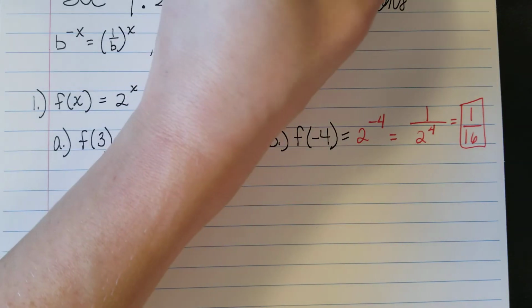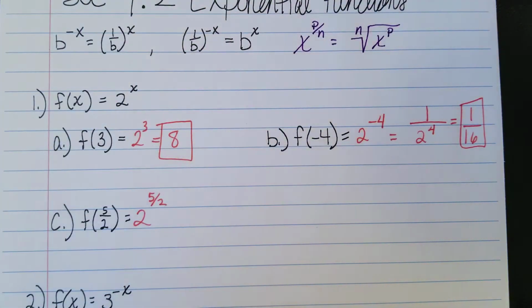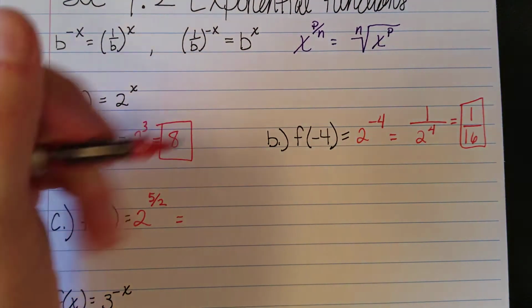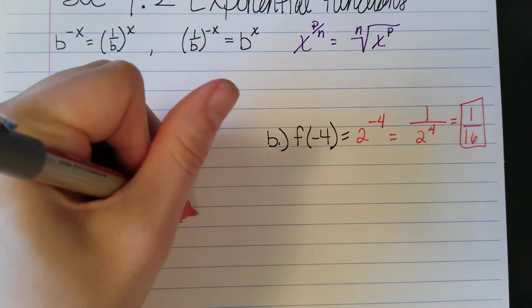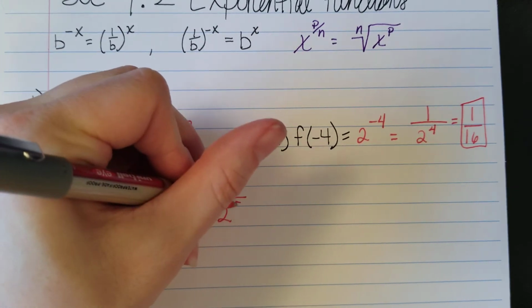That's equal to the nth root of x to the p. All right. So in this case, that would make that the square root of 2 to the 5th power.